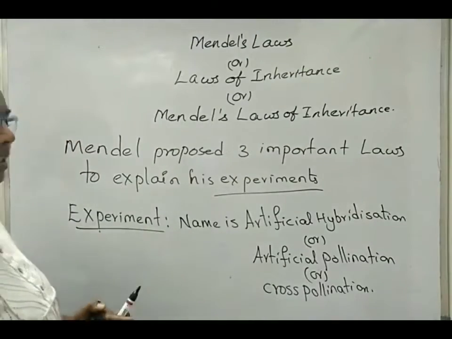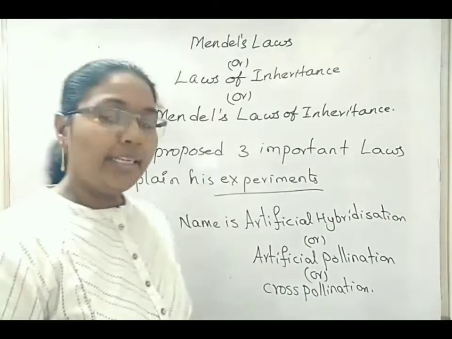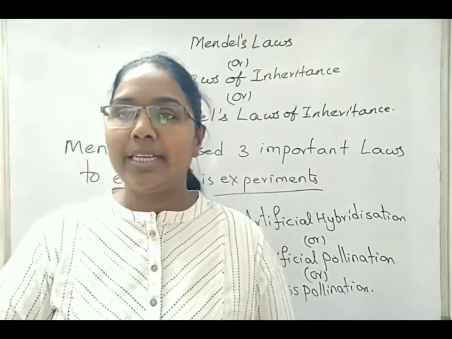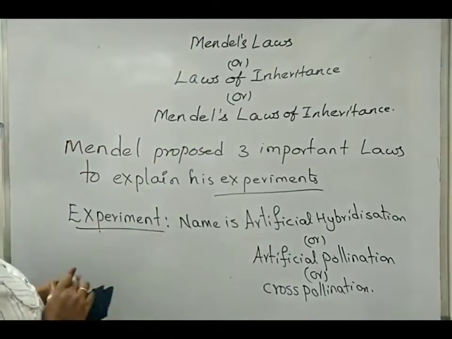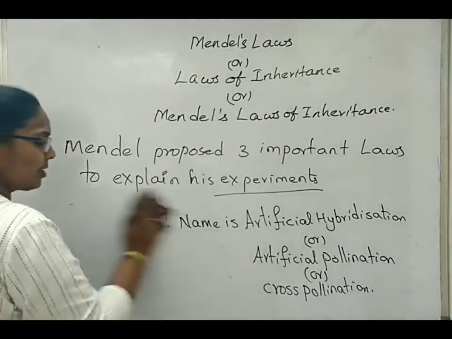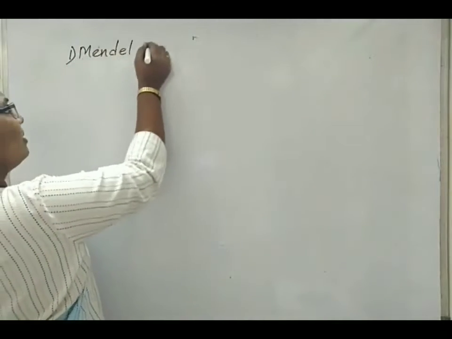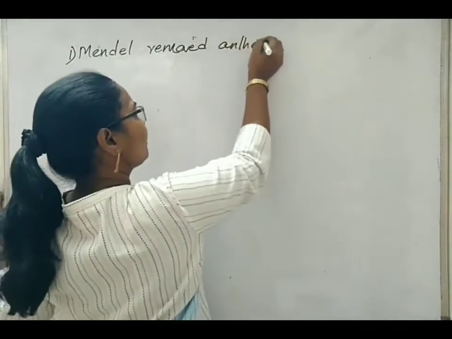Now we will see what Mendel did in this artificial hybridization. The main important terms are emasculation and bagging. What are emasculation and bagging? First point, Mendel removed the anthers of flowers.